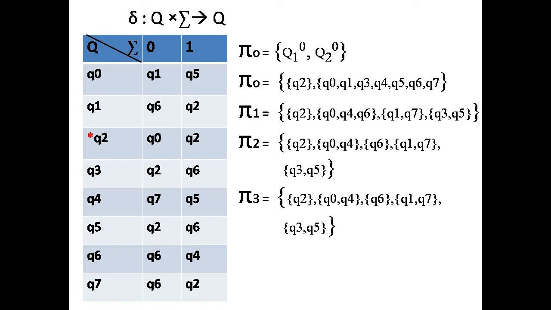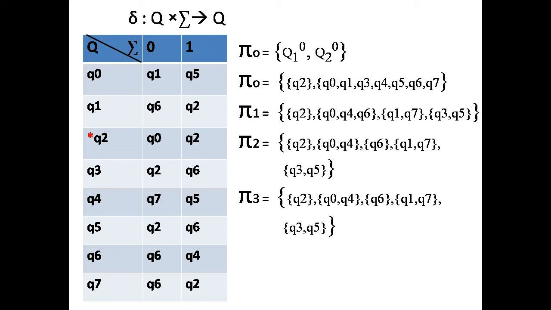Similarly, we find the next step, pi 3. We can compare Q0, Q4, Q1, Q7 and Q3, Q5. If they are in the same set in pi 2 equivalence, then we write them in pi 3 equivalence also. Here we find the pi 3 equivalence.